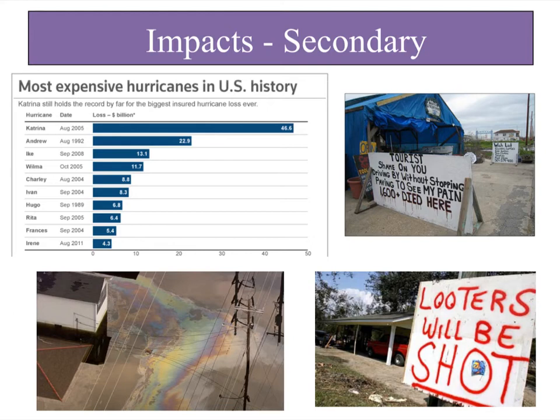In terms of the secondary impacts regarding the hurricane, we can see that overall the economic impact of the hurricane was estimated to be about $150 billion, making it the most expensive hurricane in US history. Other secondary impacts caused by the hurricane were a loss of tourist industry, which had an effect on the trade in the area, and also looting became very prominent.